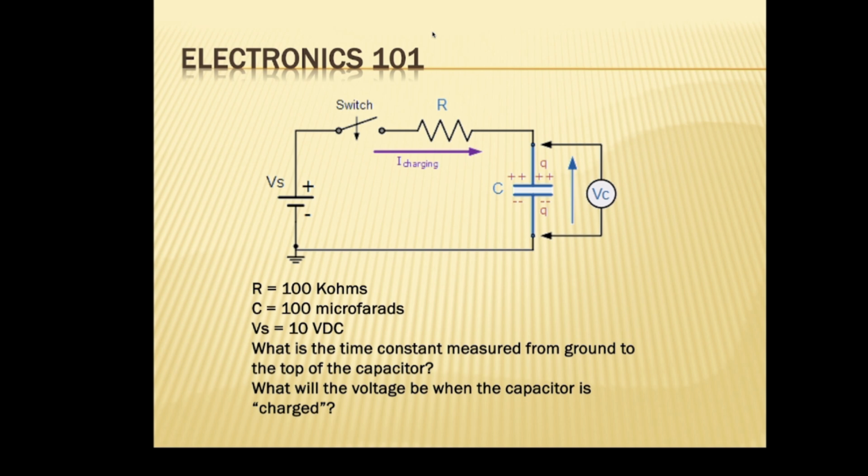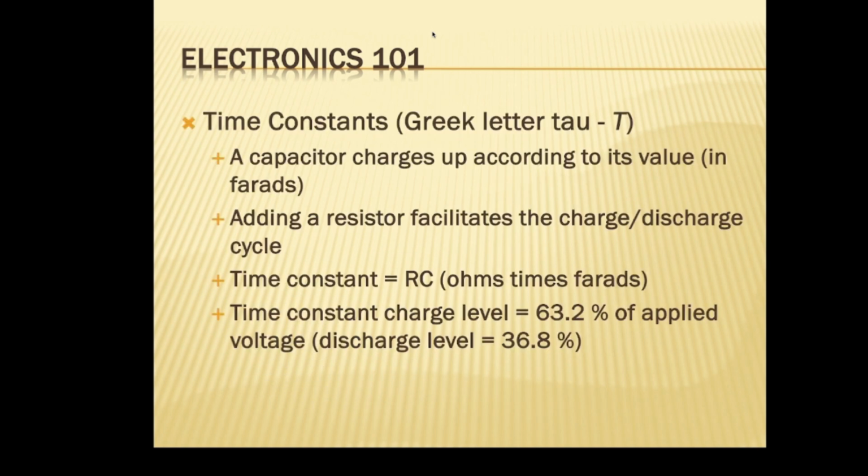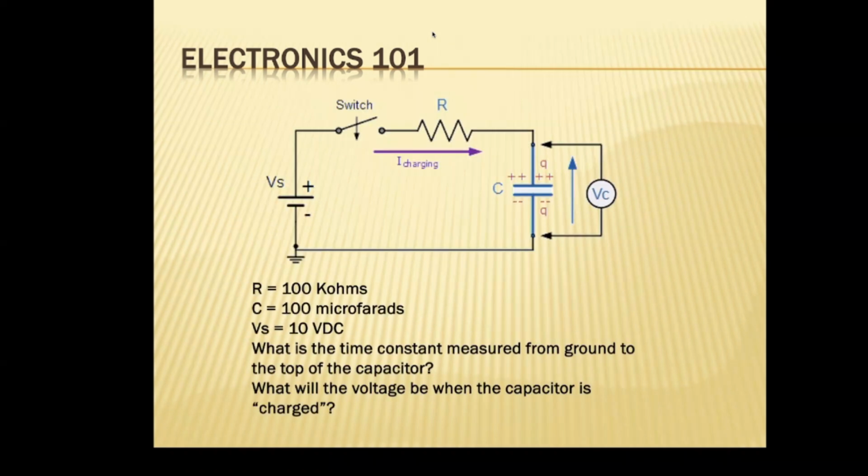How long is it going to take for this voltmeter to read 6.3 volts, which would be considered charged for a capacitor? What was the formula again? R times C. Somebody get a calculator, multiply 100,000 times 0.0001.